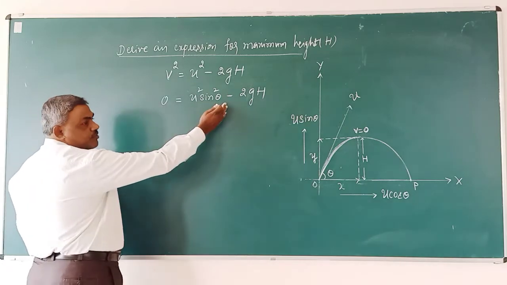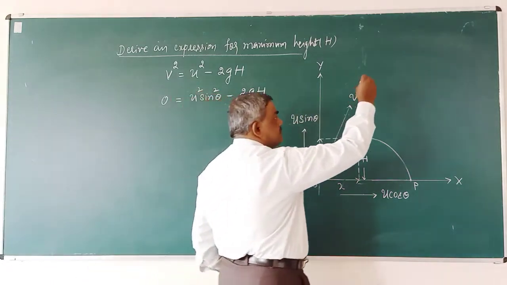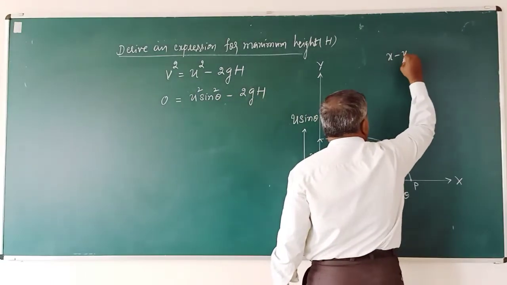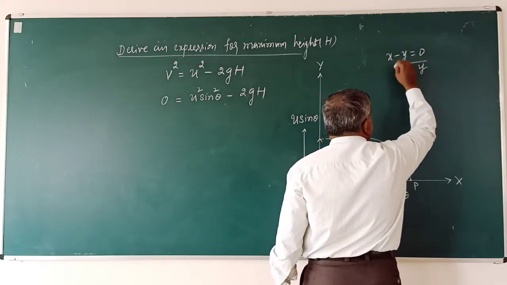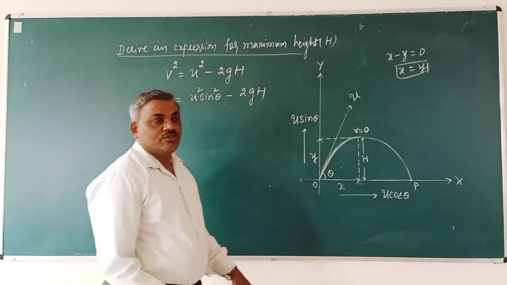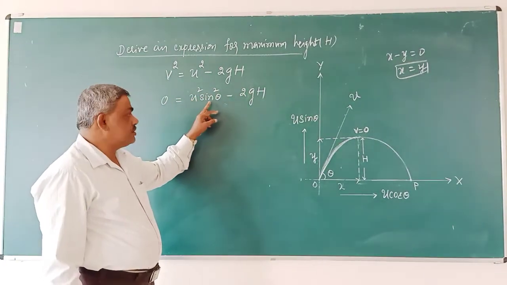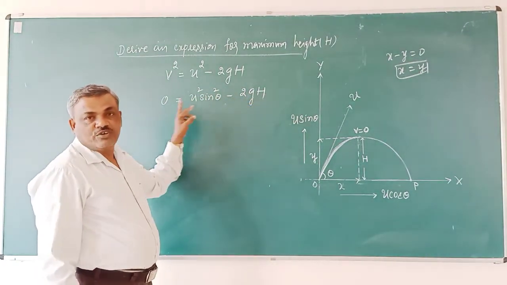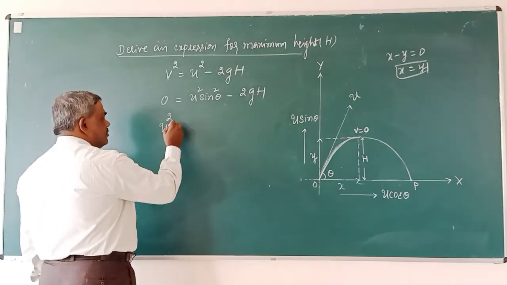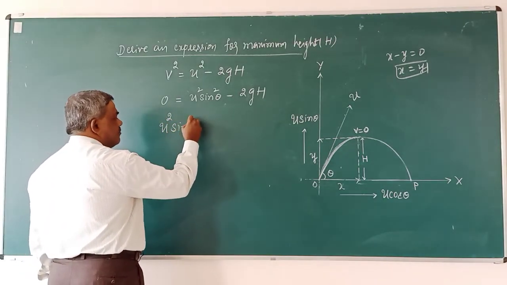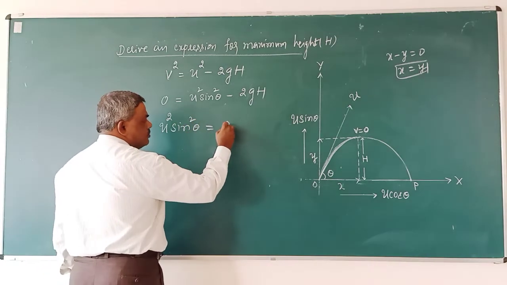This equation is like, in mathematics, x minus y equals 0. What happens? x equals y. So here also, u square sin square theta minus 2gh equals 0. The equation becomes u square sin square theta equals 2gh.